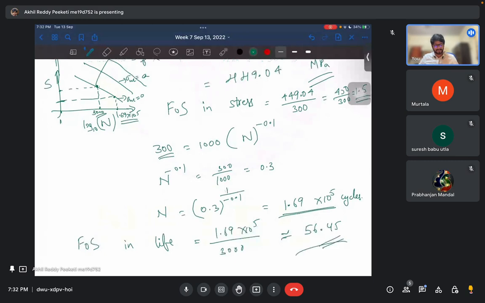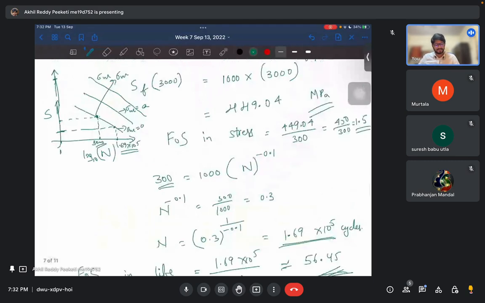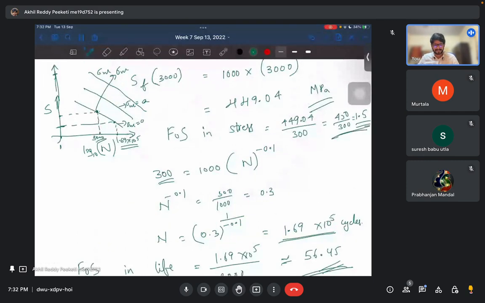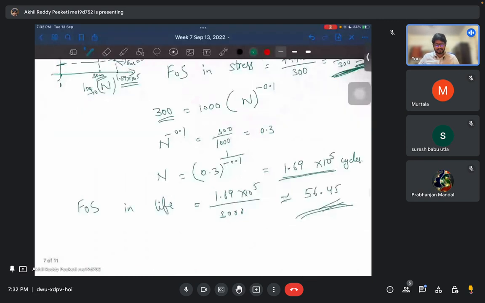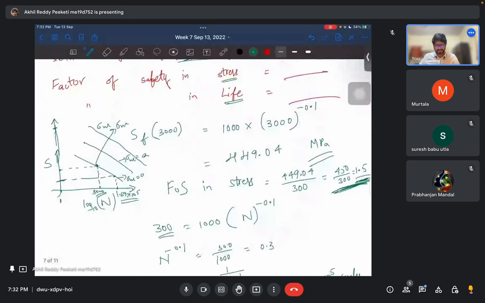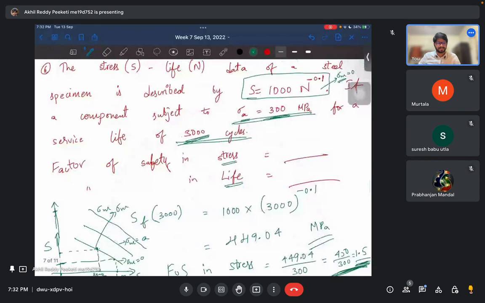This is the factor of safety in life, and this is the factor of safety in stress. The final effective factor of safety would be 1.5, because that is the lower value. But you might be asked both, and you would be specified whether they are asking for factor of safety in stress or in life. Is that clear, Suresh?